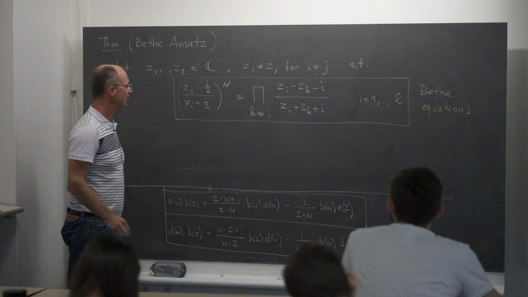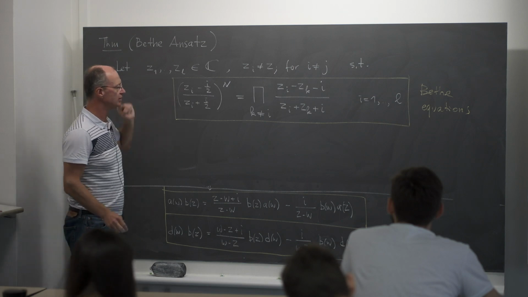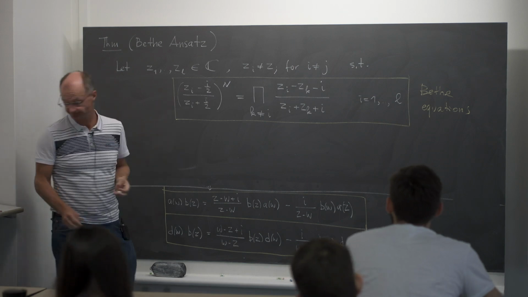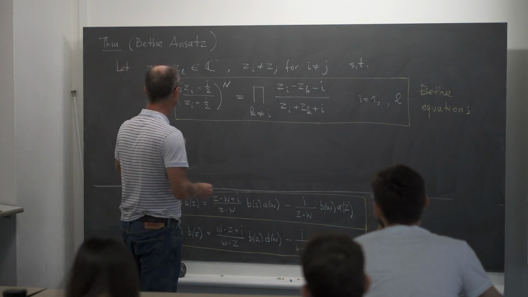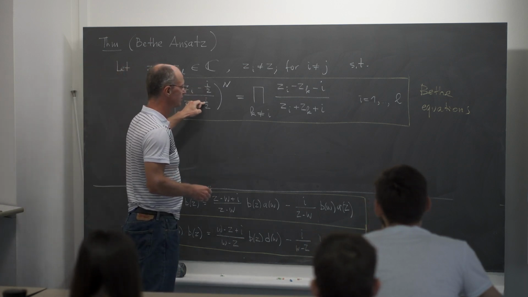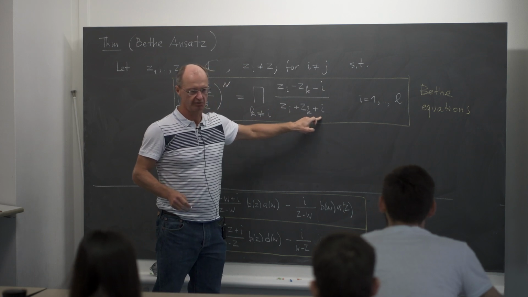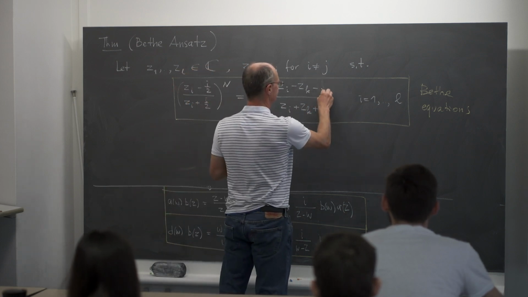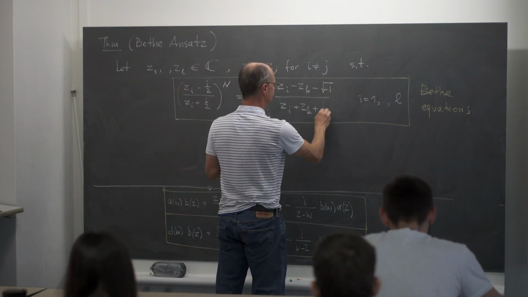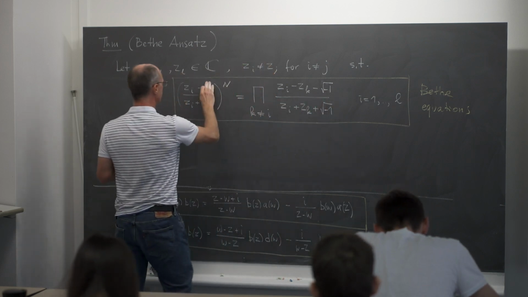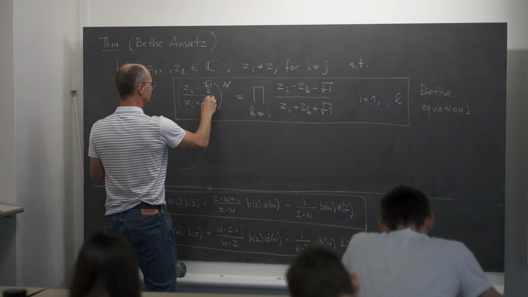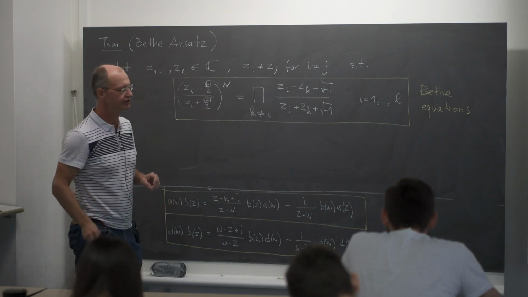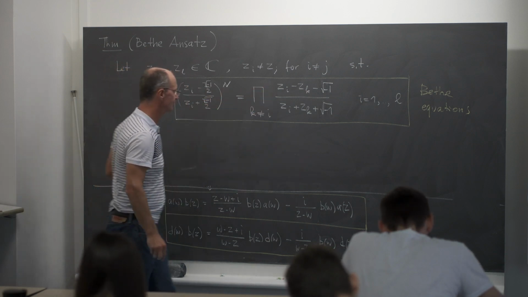So these are algebraic equations for those complex numbers. Is there any imaginary unit here or not? This I and those i's are imaginary, yeah. Sorry for the confusing notation. Those i's are square roots of minus 1.